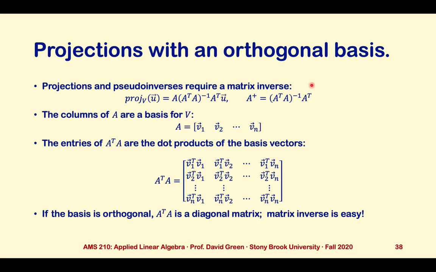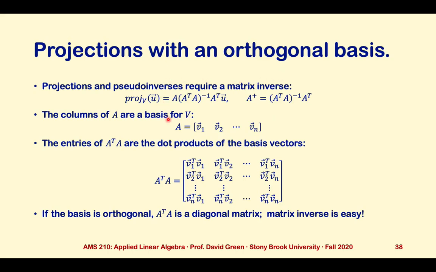The pseudo-inverse was given by this general result. And both of these include this (A transpose times A) all inverse term. These are messy, expensive things to calculate, because we need to first take a matrix product, then invert that matrix, and then take another matrix product, and so on.